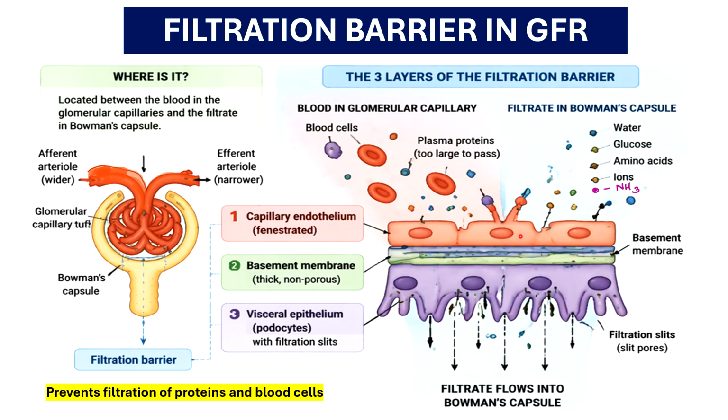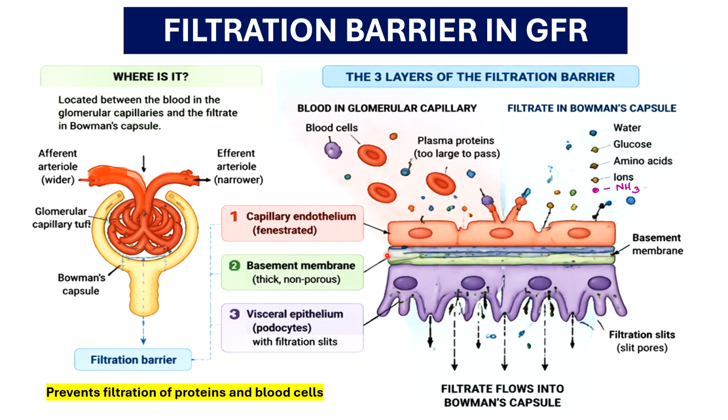This is your capillary endothelium. This capillary endothelium is fenestrated. What is the meaning of fenestrated? It means it has small pores in it. These small pores will allow only the small molecules to pass through them. Larger molecules such as the blood cells and plasma proteins will be retained here.